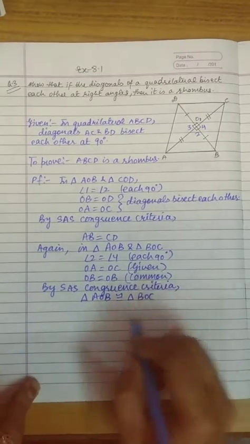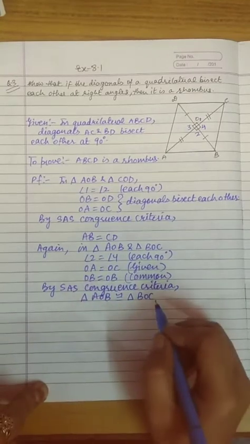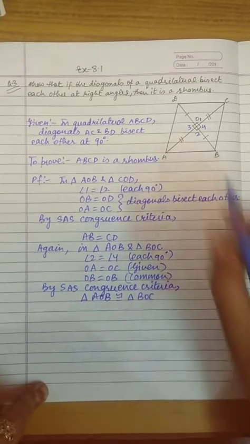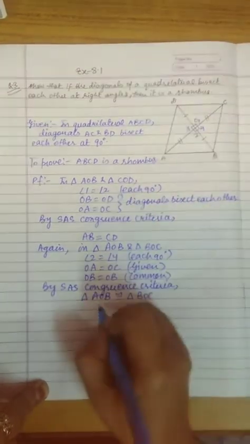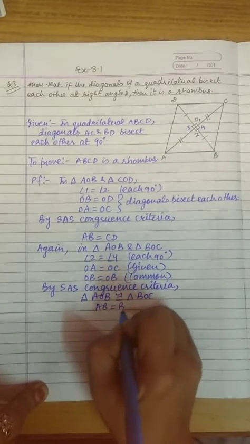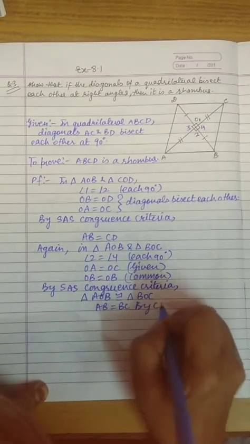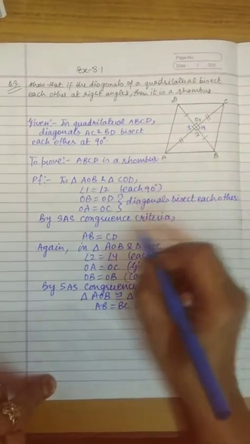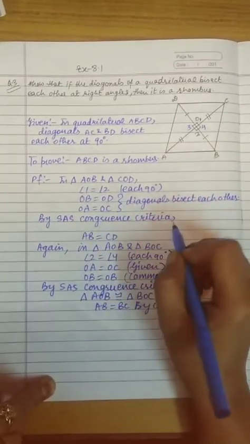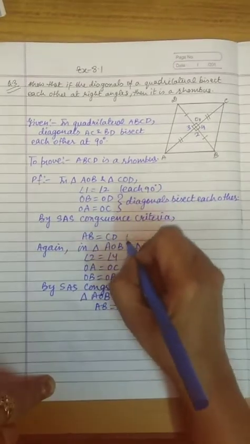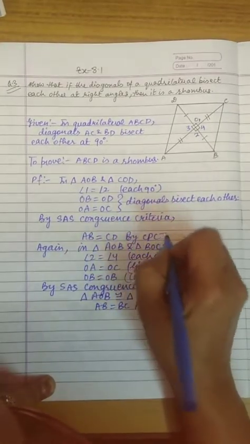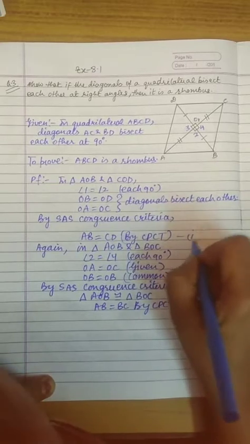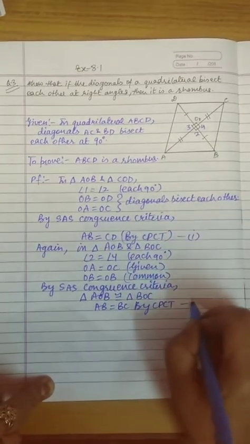Then if both these triangles are congruent, then AB is equal to BC by CPCT. In the first two triangles which we made congruent by SAS congruence criteria, AB is equal to CD, again by CPCT. Let this equation be number 1 and this equation be number 2.